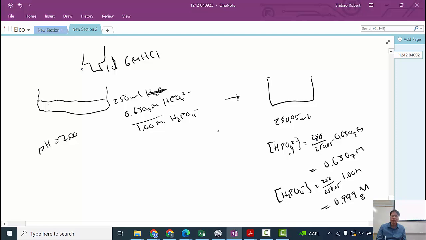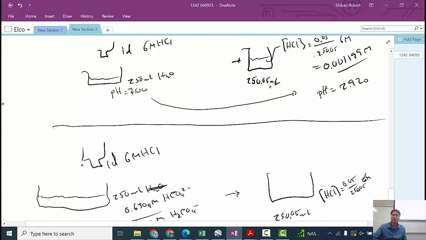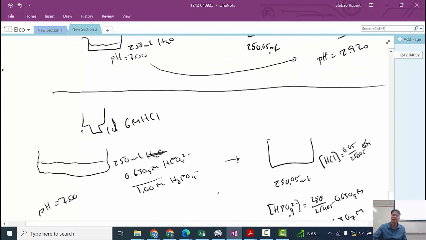The reason the pH doesn't change much in a buffer solution is not because of this. It's because of the other species we're adding to it, the strong acid. This is the crucial part. The strong acid is going to be a 0.05 to 250.05 dilution of 6 molar, and we just did that calculation. So the concentration of the HCl is going to be 0.001199.